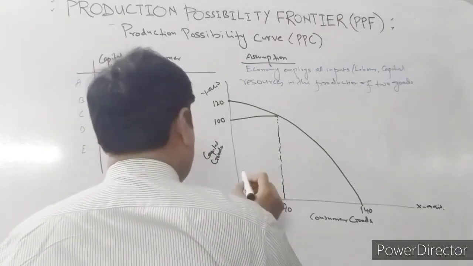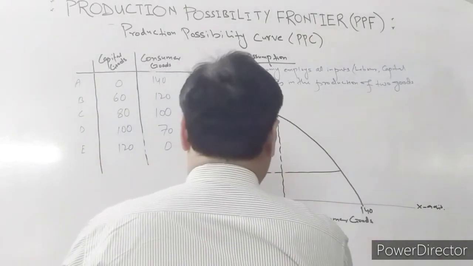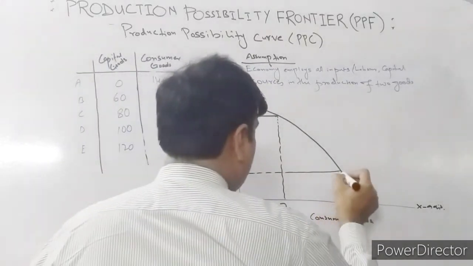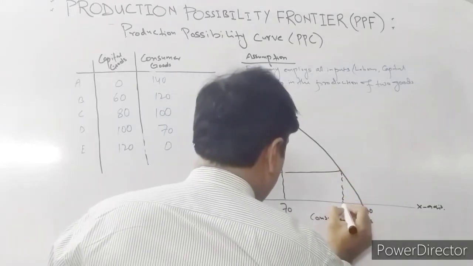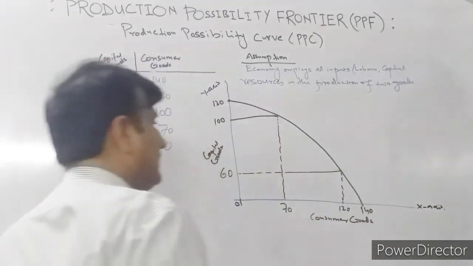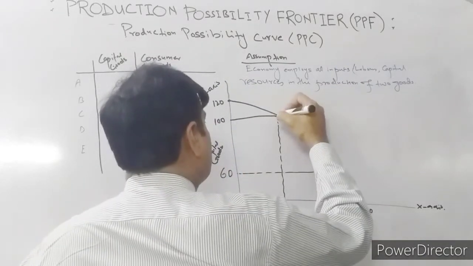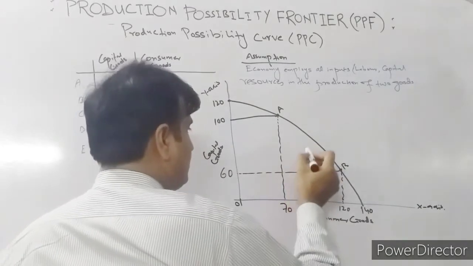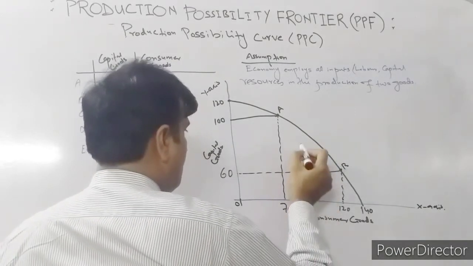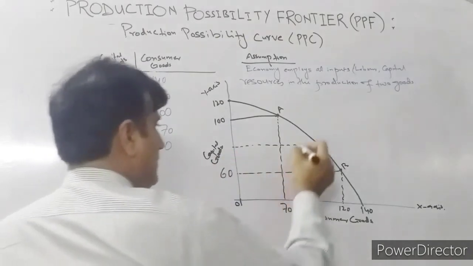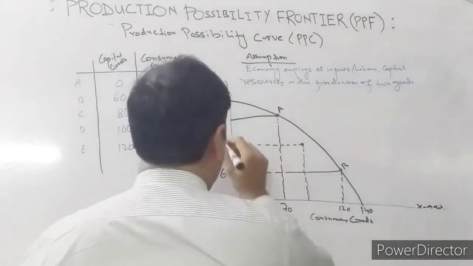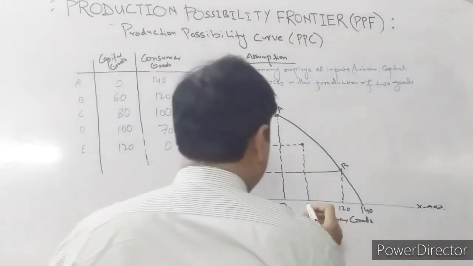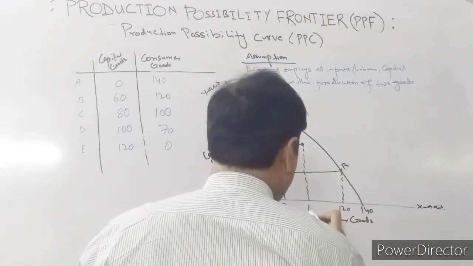Another option is to produce 60 units of capital goods with 120 units of consumer goods. This is option A, this is option B, and the economy could also produce 80 units of capital goods and 100 units of consumer goods.